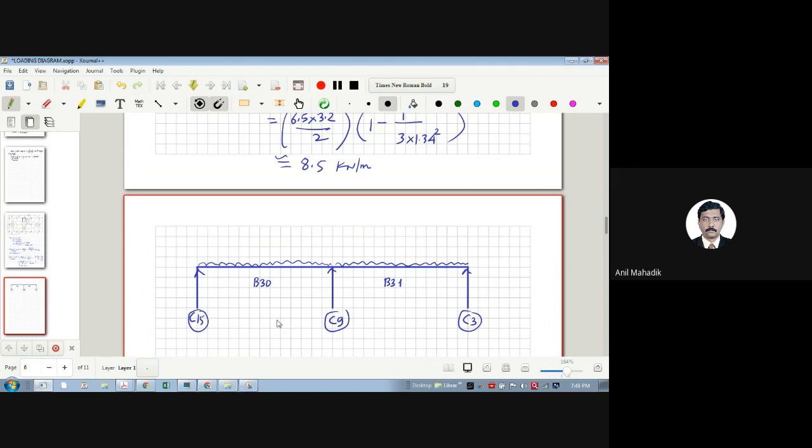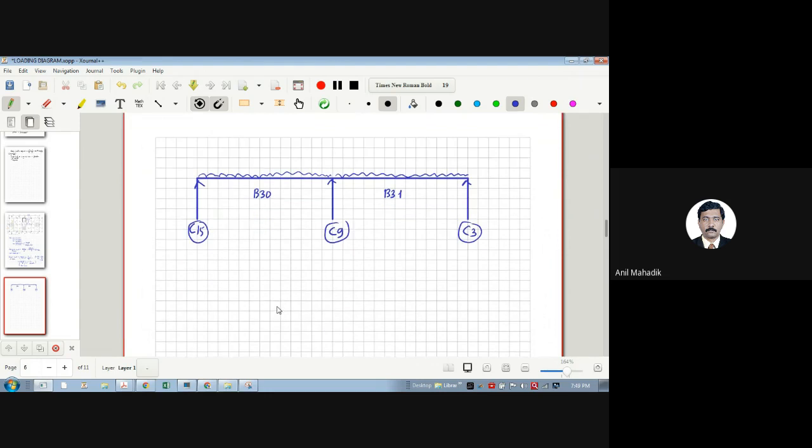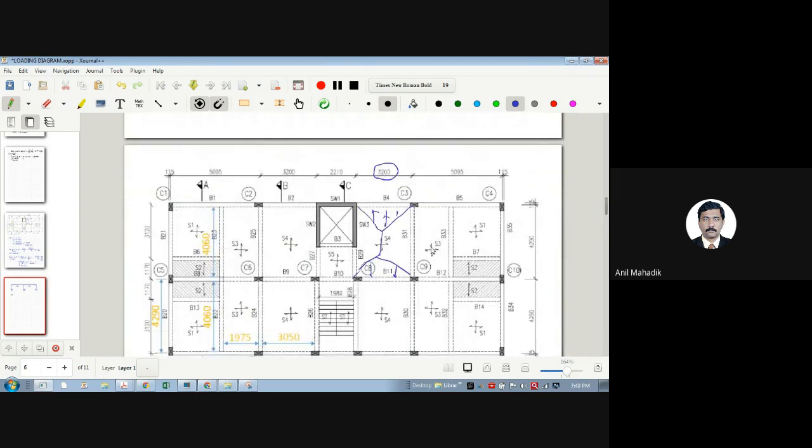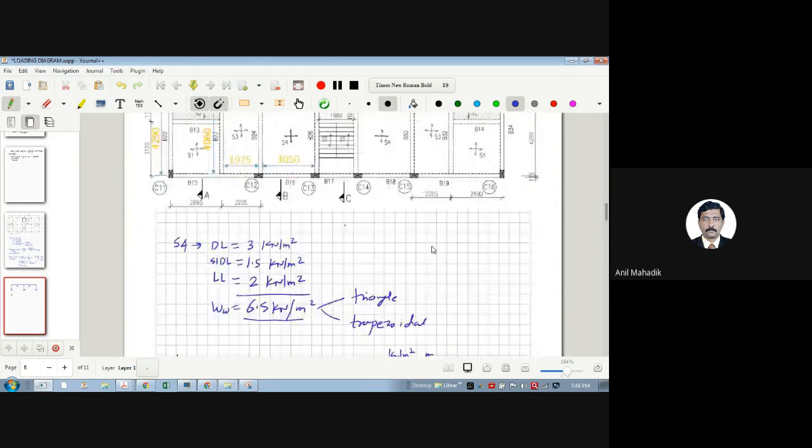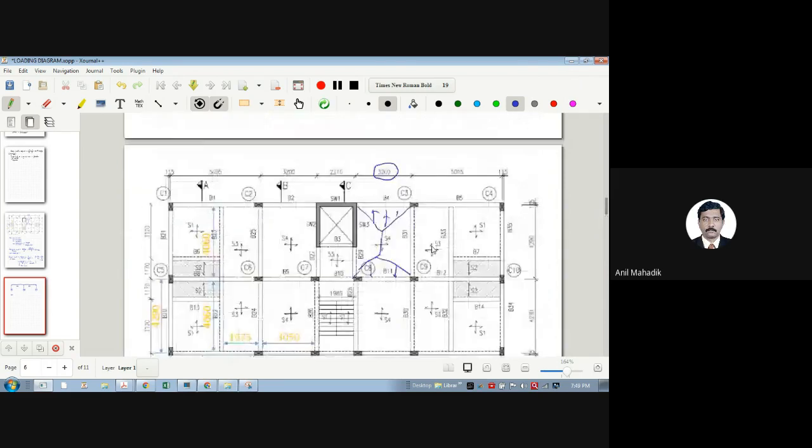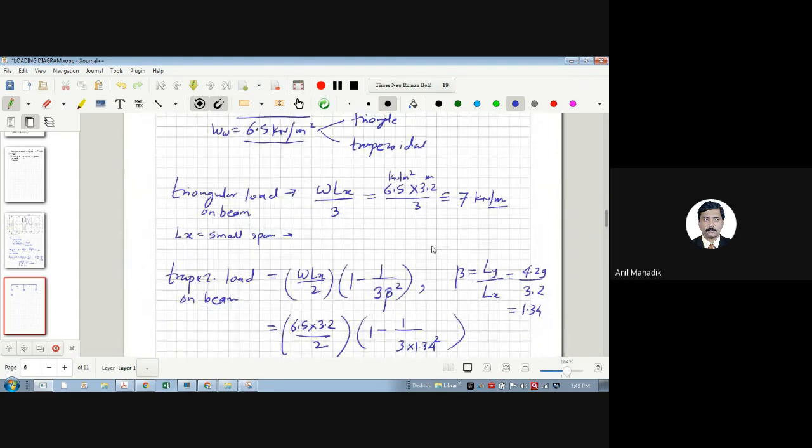अभी B30 पे कौन सा load है बताओ? Now B30 is having which load? ये हमने ये निकाला क्या, वन वे का नहीं निकाला ना अभी तक S3 का लोड. So this triangular load is from S4. ये हमारा S4 है, S4 से ट्रांसफर हो रहा है. This is also transferring from S4.